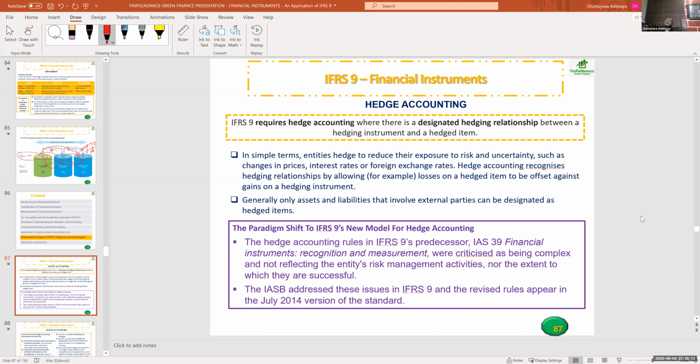And to do that, I can take a derivative and I can use other instruments like financial borrowing to perfectly hedge and create what I call a natural hedge. Okay, these are the types of hedges we have: fair value hedge, cash flow hedge, and hedge of net investment in foreign operations. Let us take note of that.